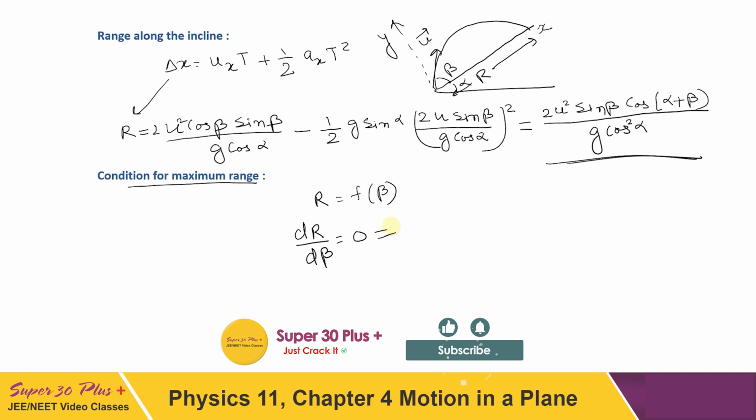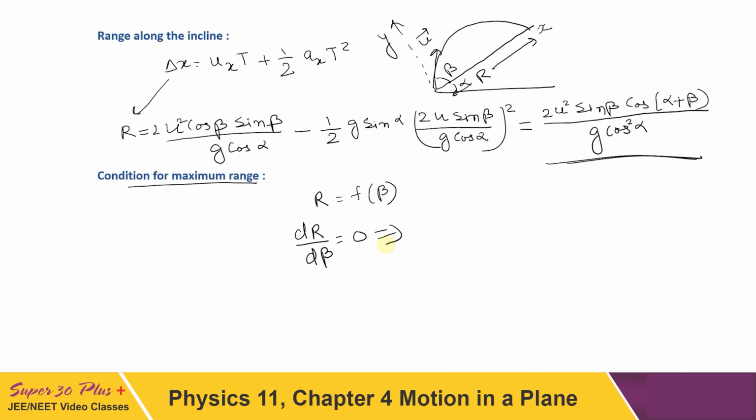So if R has to be maximum, then dR by d beta should be 0. And what we have to do? We have to differentiate this expression we got for R with respect to beta and then equate it to 0. So let us first differentiate this. dR by d beta would come as 2u square upon g cos square alpha. These are the terms which are independent of beta, so I am writing it before the differentiation.